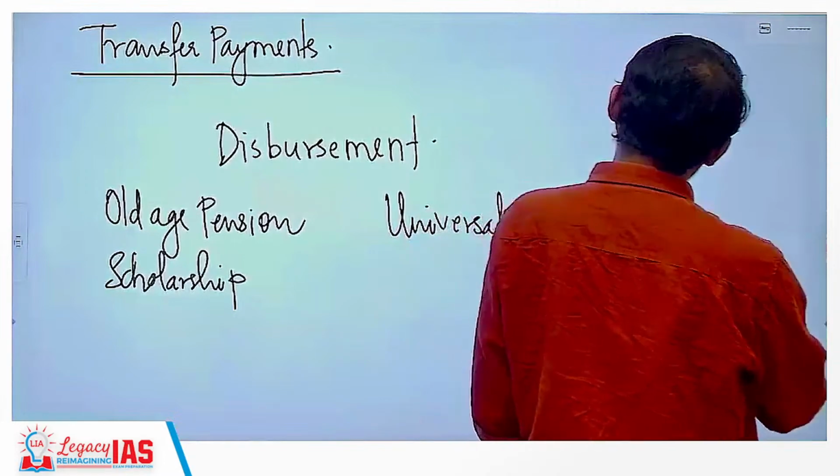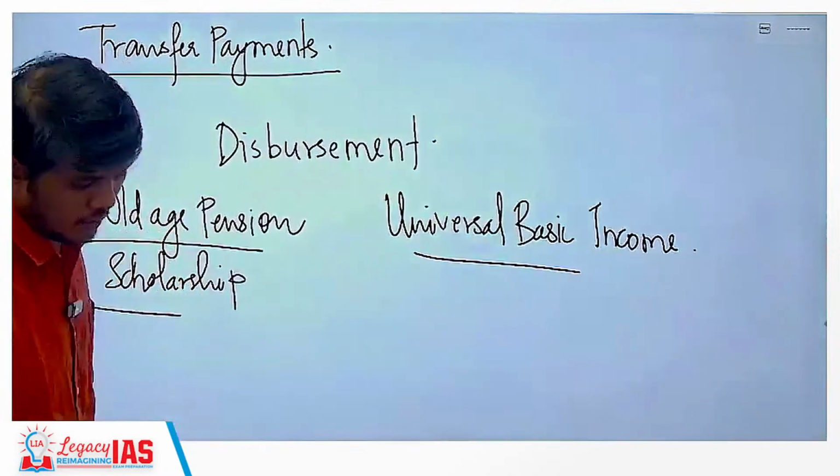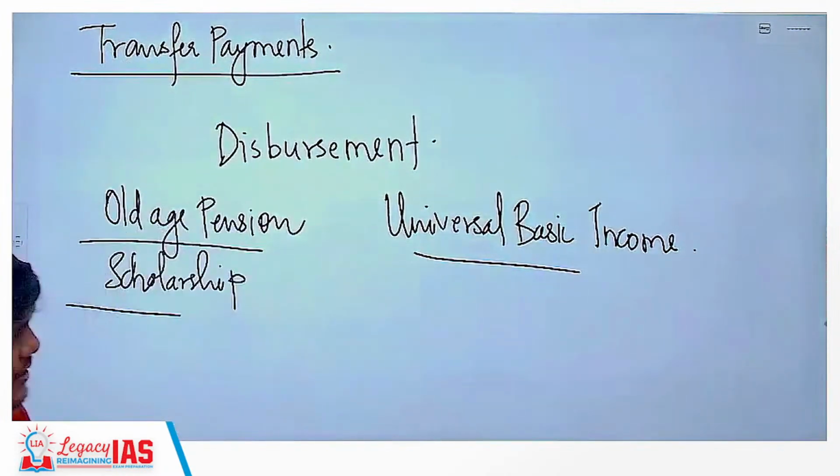So whenever the government transfers any money and the recipient does not do any economic activity for getting that money, it is your transfer payment, and that transfer payment is not considered in GDP.